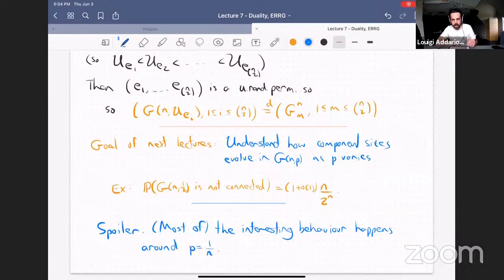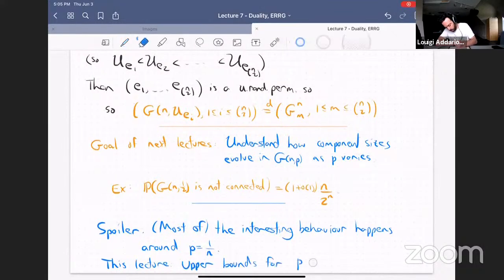And in this lecture we'll just be focused on upper bounds, for p at most (1+o(1))/n.